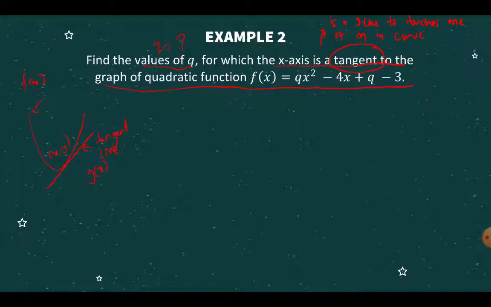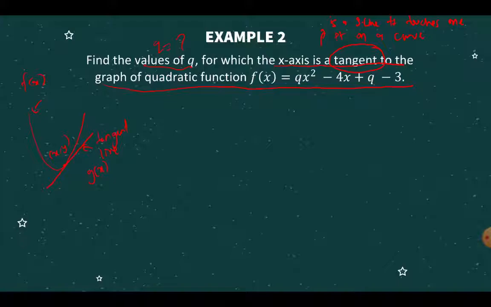If we relate all the things that we have learned in this topic, the type of roots: what type of root touches at one point? Of course, it will become two equal real roots.